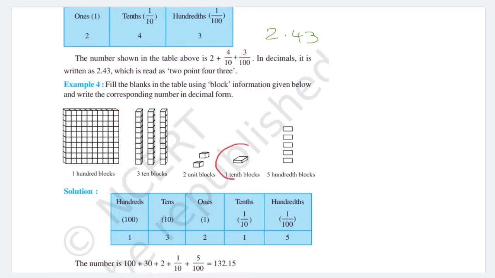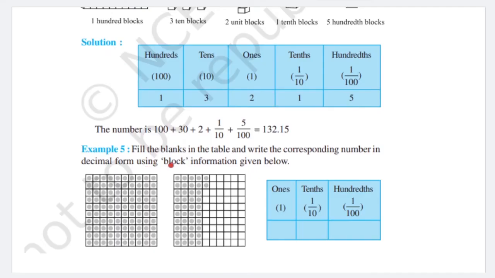And here you have 1 tenth block. So that is 1 by 10. The hundredth blocks will be 5 by 100. This is how you write it in fractions. And the decimal number will be 132.15.